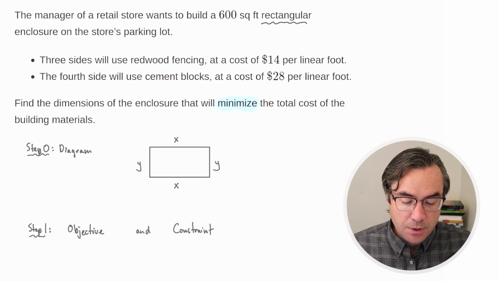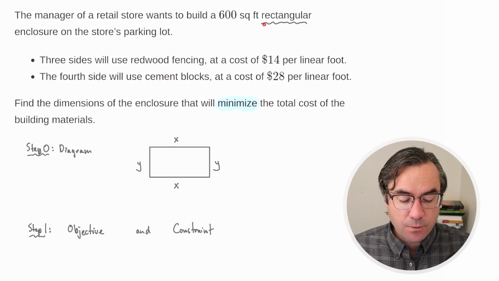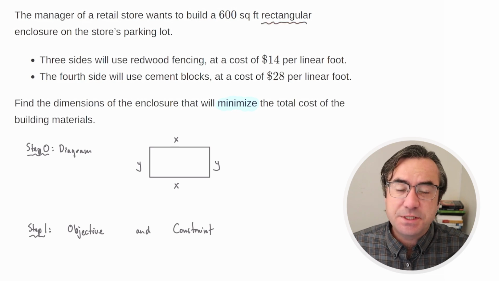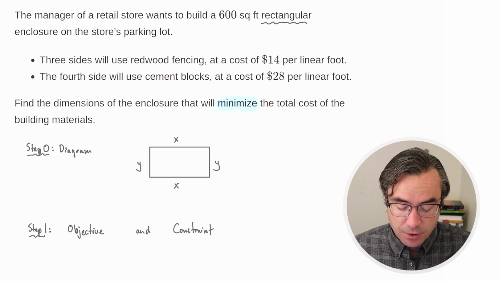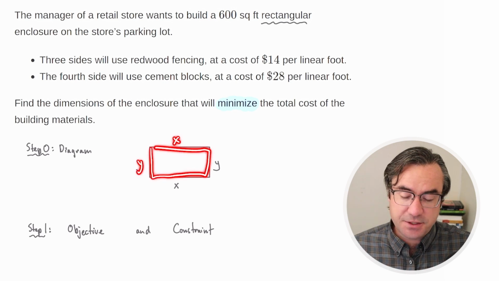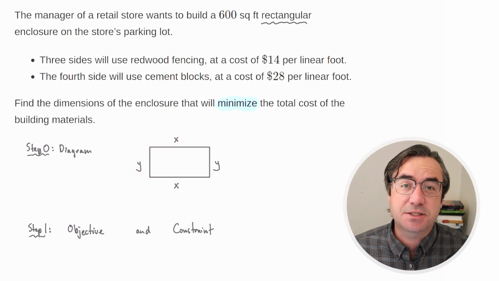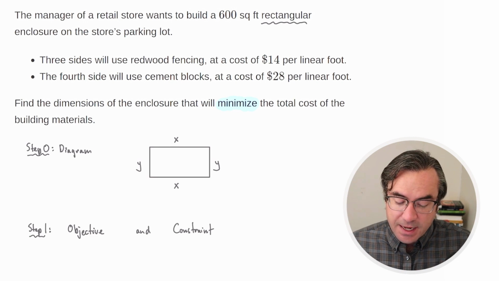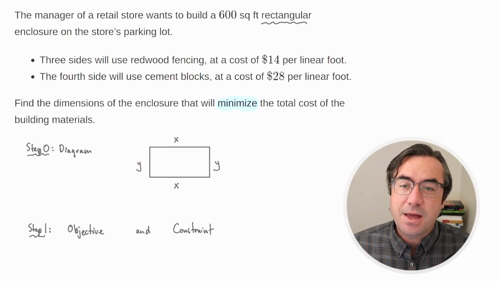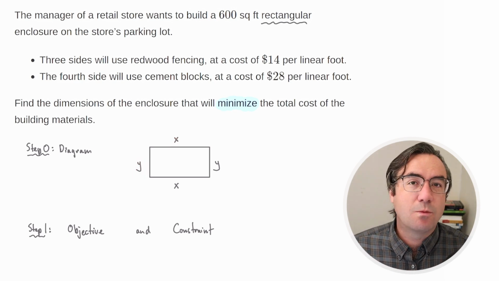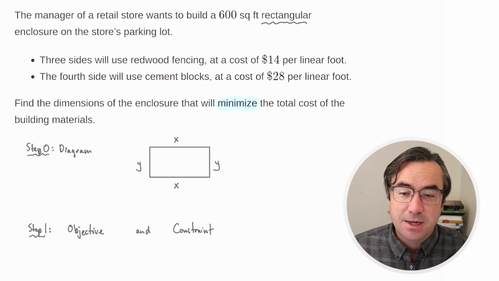Well, right with that rectangle, we see that the area of this is 600 square feet. So no matter how big x and y are, we want the size of this rectangle to be 600. So that means x and y just can't be anything. When combined in the correct order, they have to give us an area of 600.